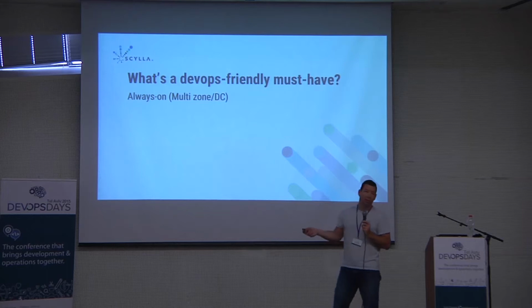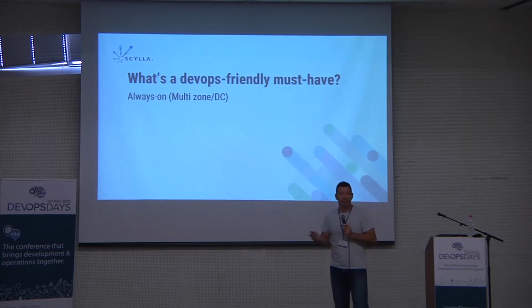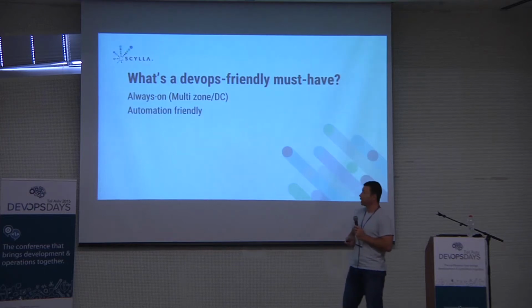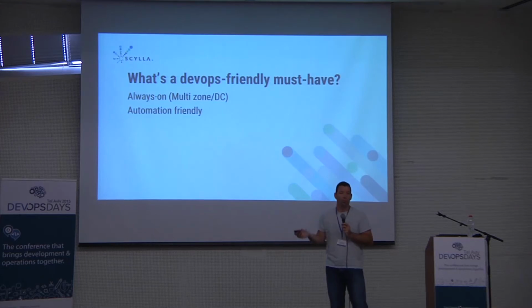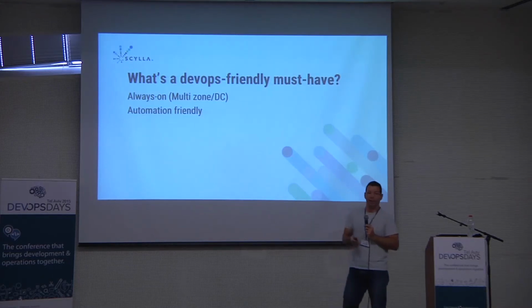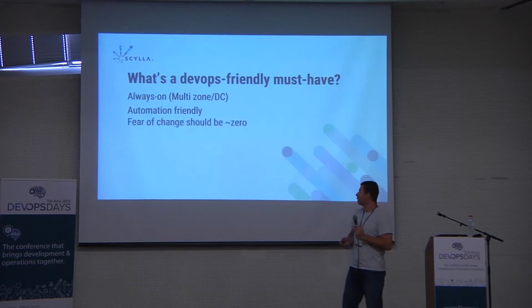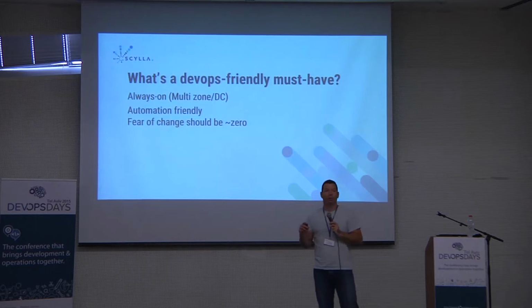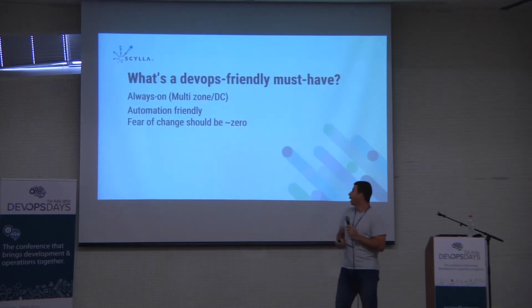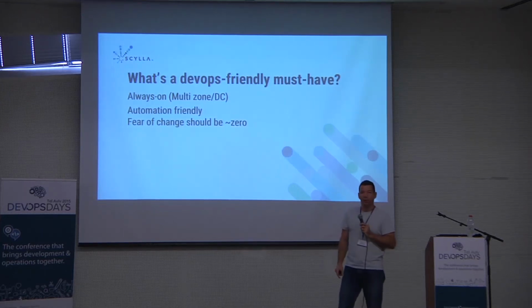So of course, always on, 24/7, and multi-zone, and all the things related to that. And automation-friendly. Databases should be automated, of course, especially in this era where everything is scalable and elastic. Now, the main thing that you would want from your database is to have no fear in changing your environment.